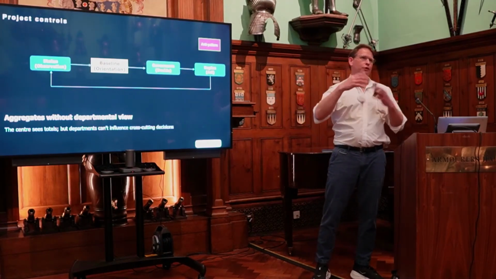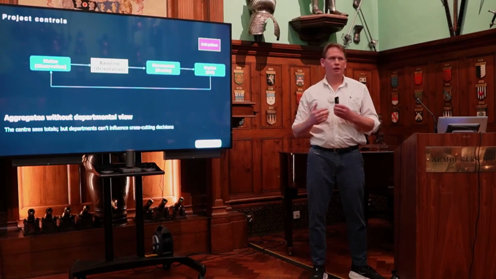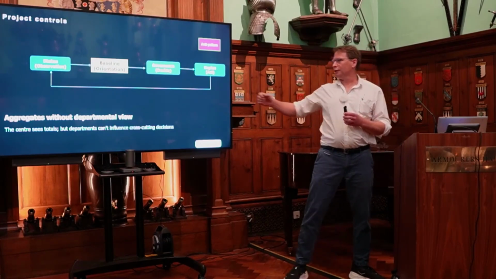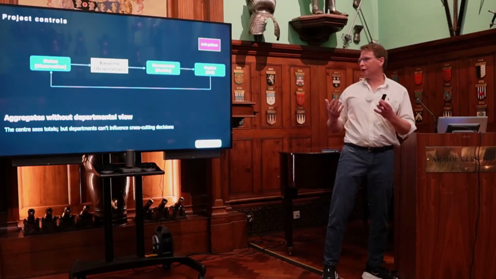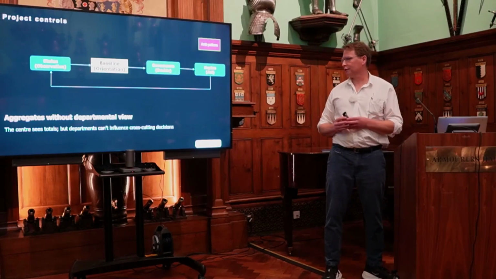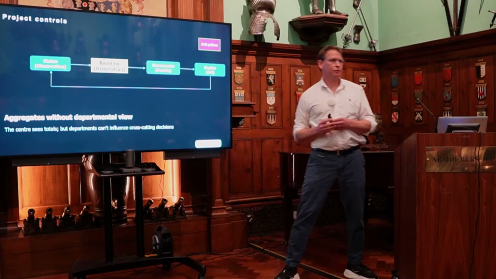And so, for example, the capabilities and the resources of the departments were not being clear or being tracked. So they couldn't lobby at program level for their share of resources and their share of focus on their projects. So again, that's not an observation problem because the data was there.